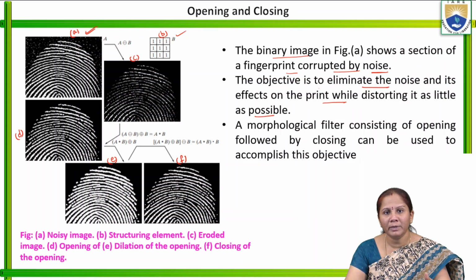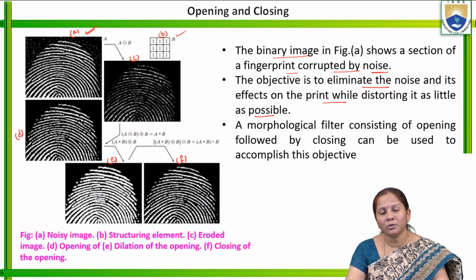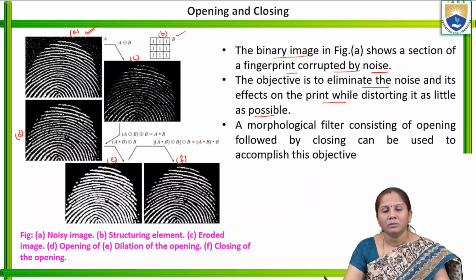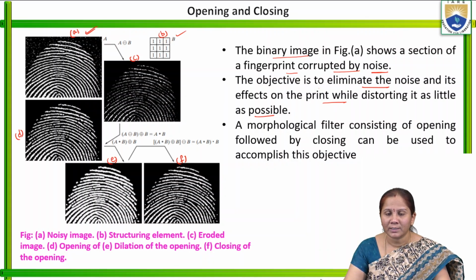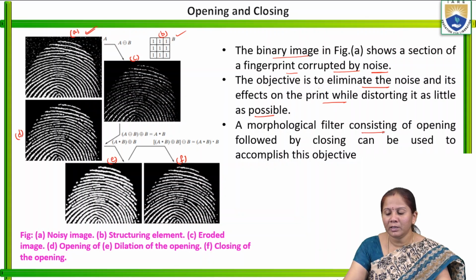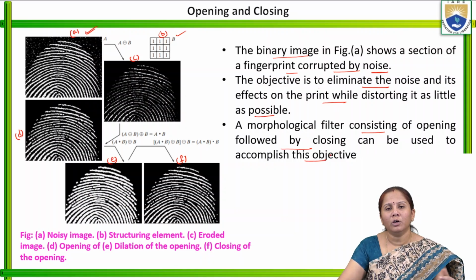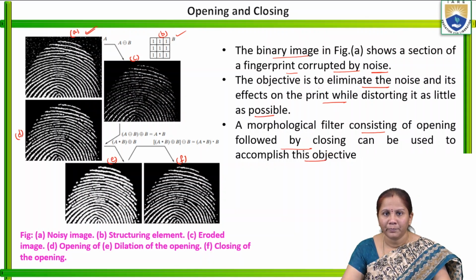The structuring element is a sub-image, which can also be used as a mask, or is also called a filter, that should be applied on the image in order to eliminate the noise. A morphological filter consisting of opening followed by closing can be used to reach that objective of filtering the noise.